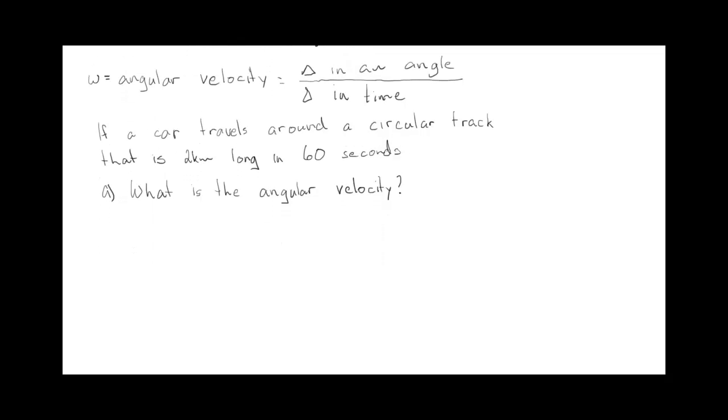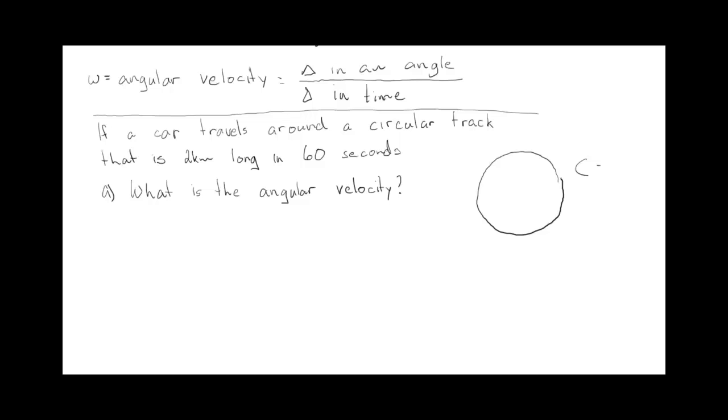So here's an example just to give us an idea of how to work with this quantity of angular velocity. If you have a car traveling in a circular track, so it's traveling around a circle. The track is 2 kilometers long, so that's the circumference of the circle.